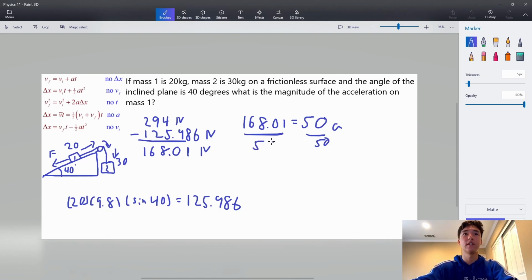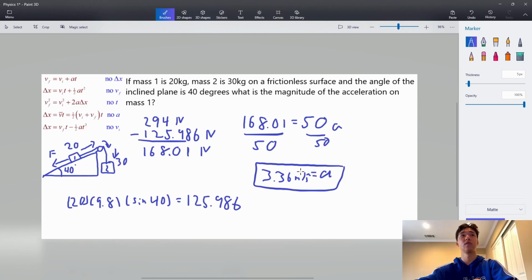Divide by 50, and our acceleration is going to be equal to 3.36 meters per second squared. And that is going to be our answer for acceleration.